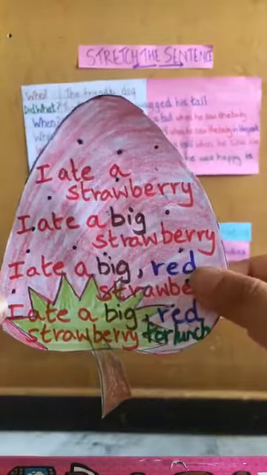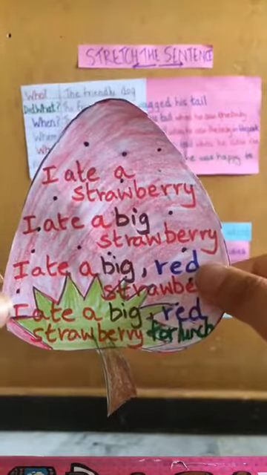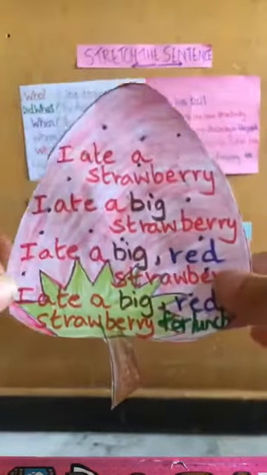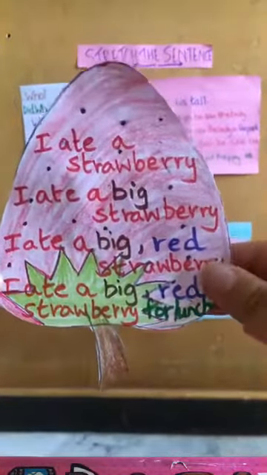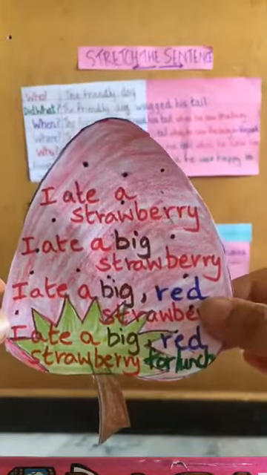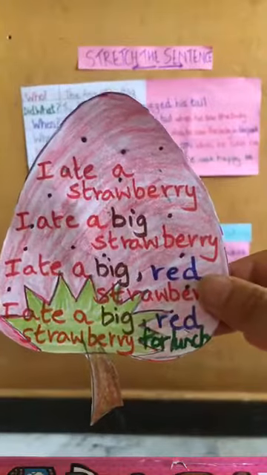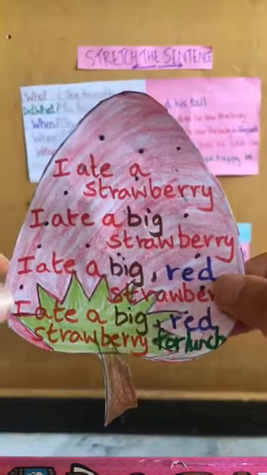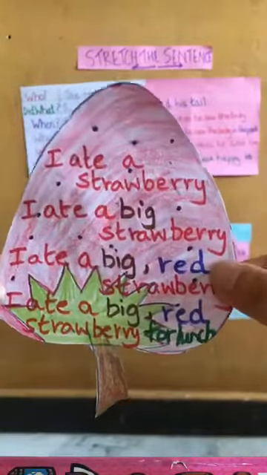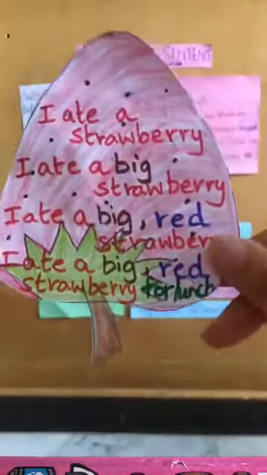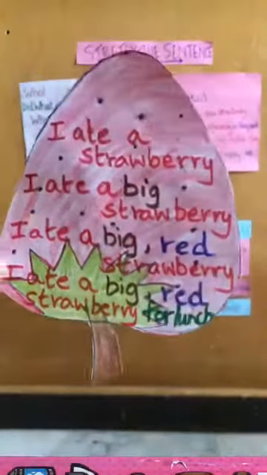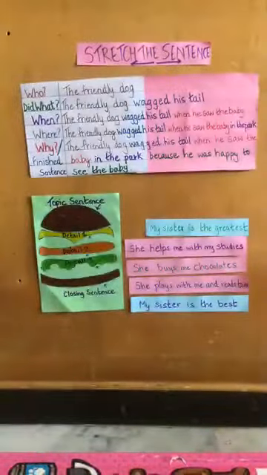So I ate a describing word, big strawberry. Then I ate a big red strawberry. And when did you eat it? I ate a big red strawberry for lunch. This is fun for smaller children, and when you do it on a picture, it is very interesting for them.